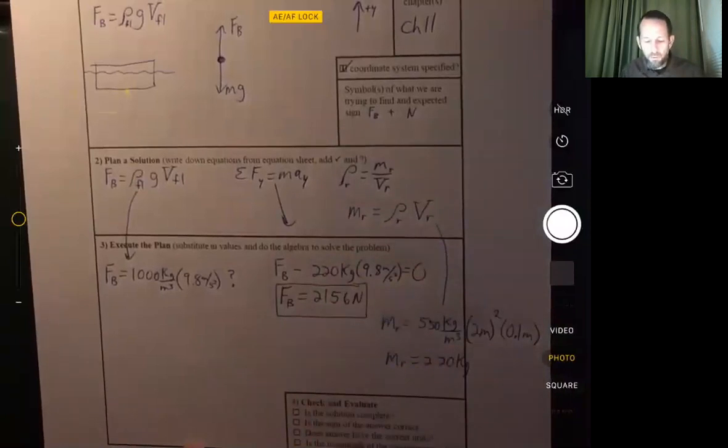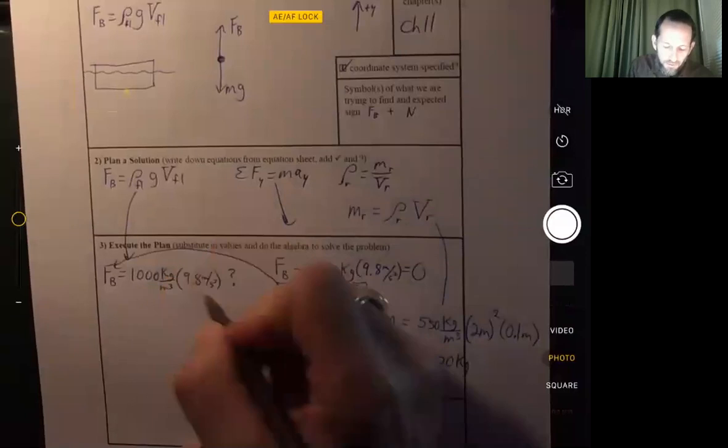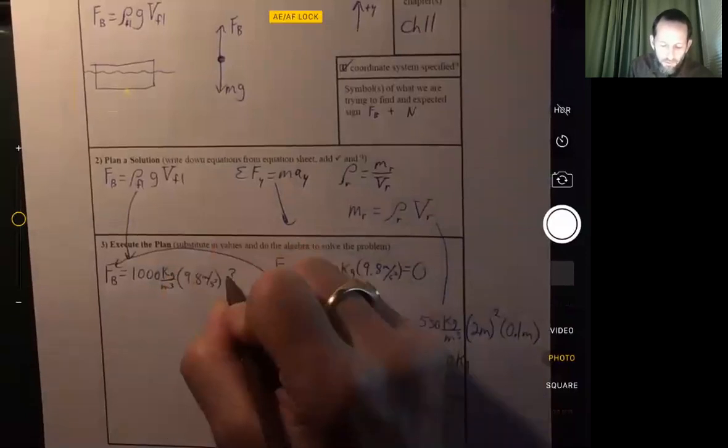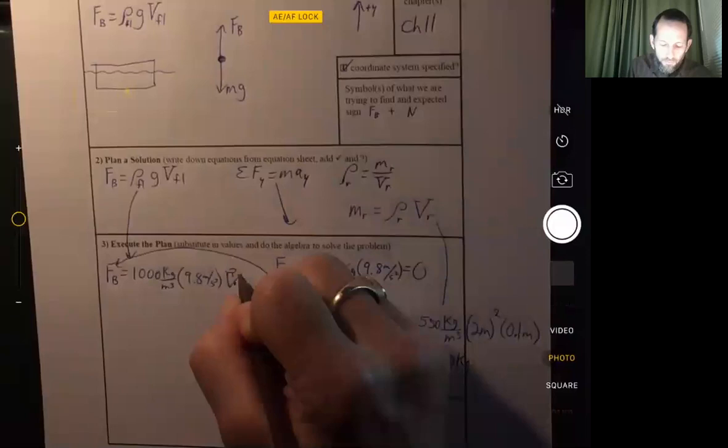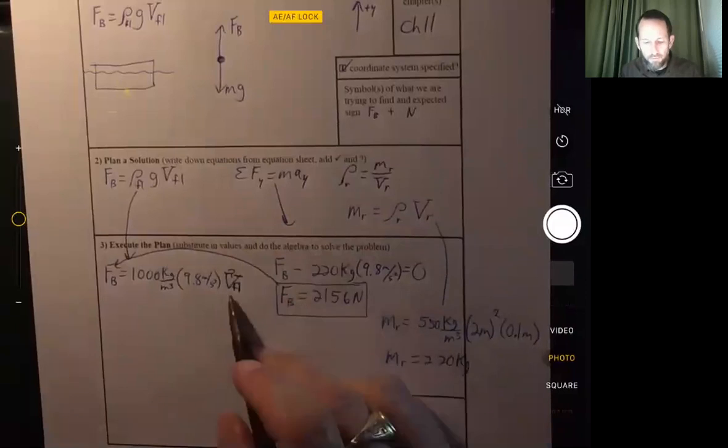What is the volume of the raft? Oh, wait a minute. We can take this and put it into there, and then this volume that we didn't know, we can find the volume of fluid displaced.